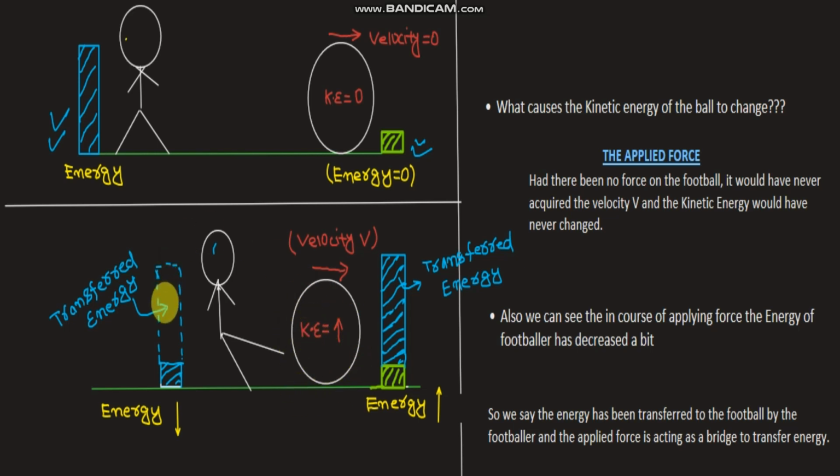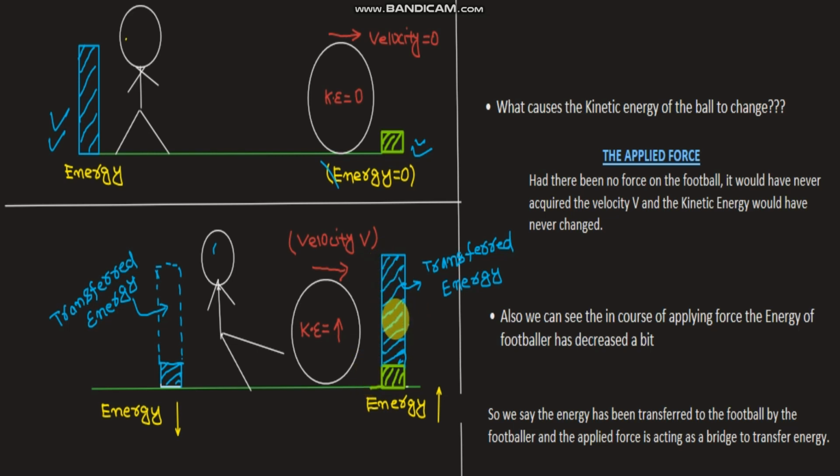That amount of energy the footballer loses, and on the other side we can see that after applying that force and losing that amount of energy, the bar graph of kinetic energy of this football has increased. That means the kinetic energy has increased.